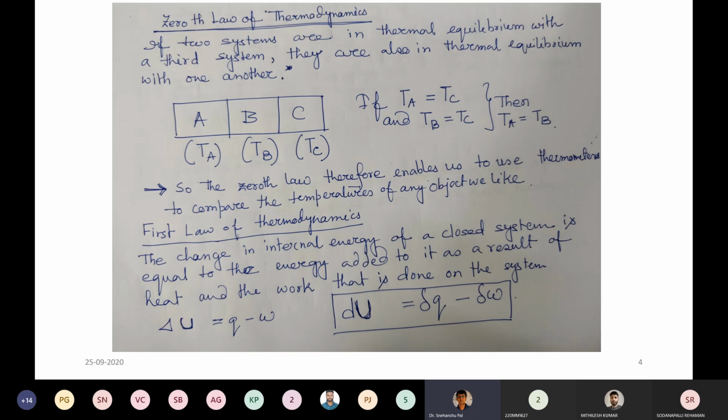But in the case of a state function like internal energy, it is very clear that its differential form is an exact or perfect differential. So be careful when writing the differential form of the first law of thermodynamics: dU should be an exact differential, and the other two are inexact differentials.